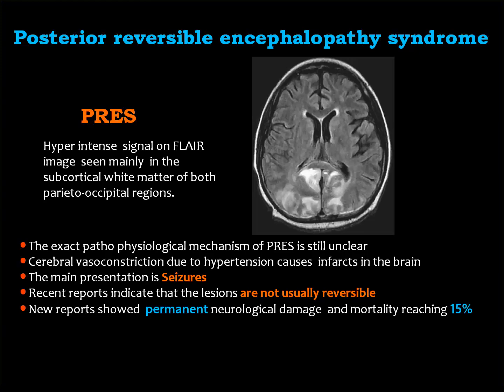What is the value of this? You know, if the brain is edematous and you succeed in lowering the blood pressure, then the edema will improve and the lesions will regress. And that's why the condition is known as posterior reversible encephalopathy.